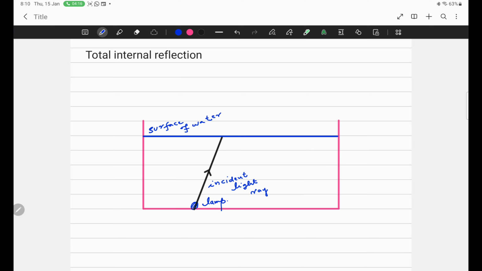In the last class, we studied that when light travels from water into air, or from glass into air, the light cannot go straight.